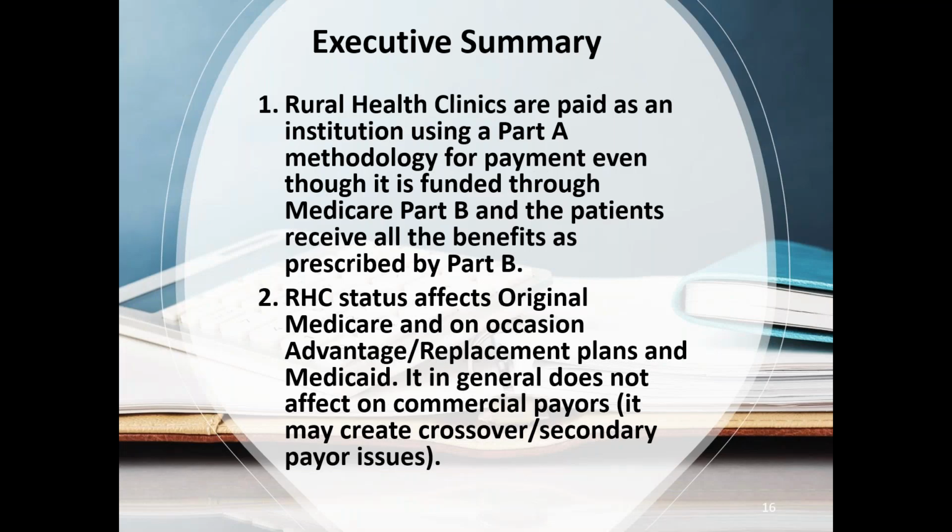Executive summary of rural health clinics is they bill on a UB-04. It's actually a Part A methodology that payments come through, although the actual fund, the trust fund, is Medicare Part B. So if you're on Medicare and you have Medicare Part B, you get one of these Medicare and You booklets. I got one of these this year.